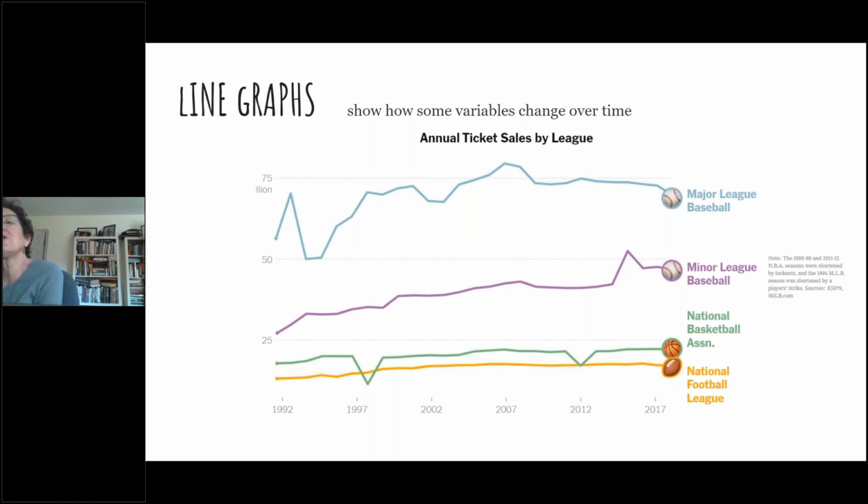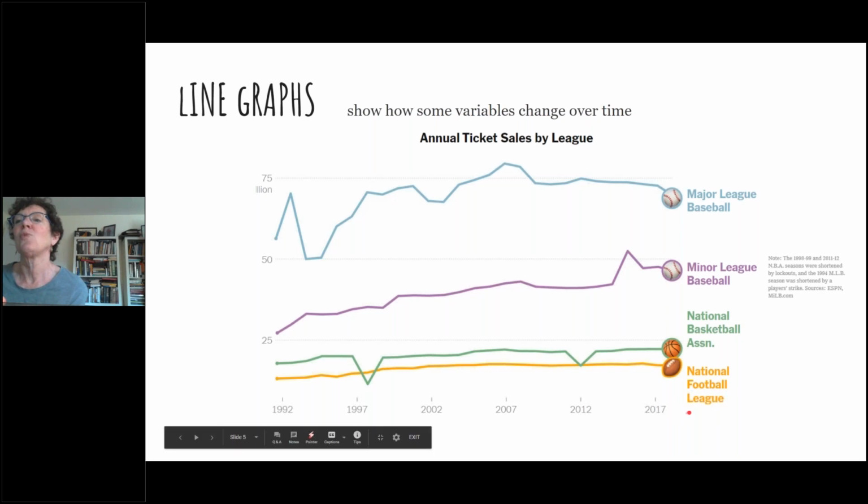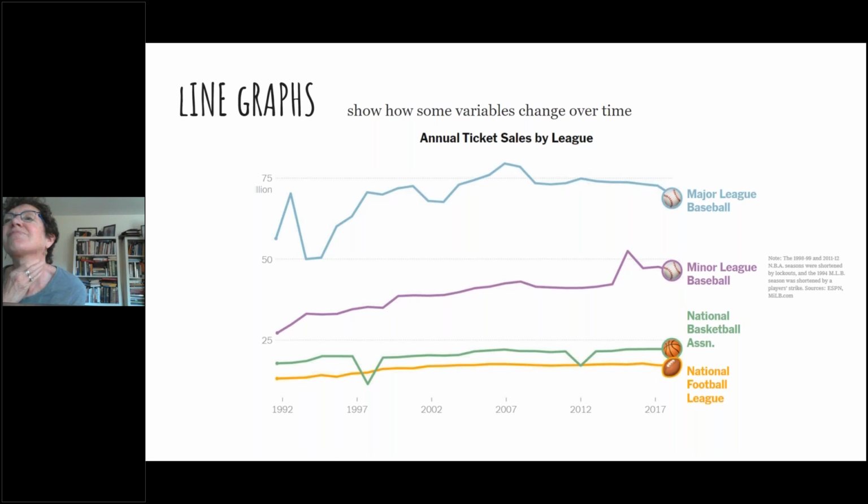What do you think it's going to look like when they extend this graph to 2020? I think it's really going to drop, because they haven't been having any sports going on.